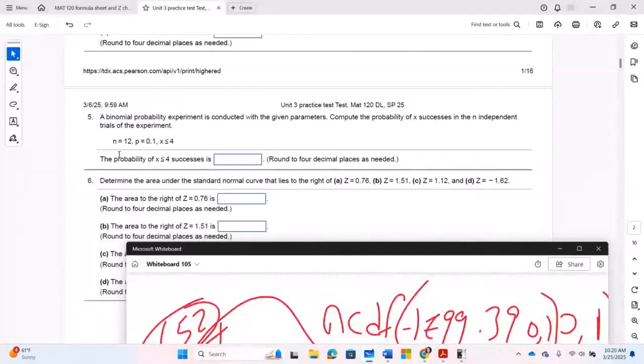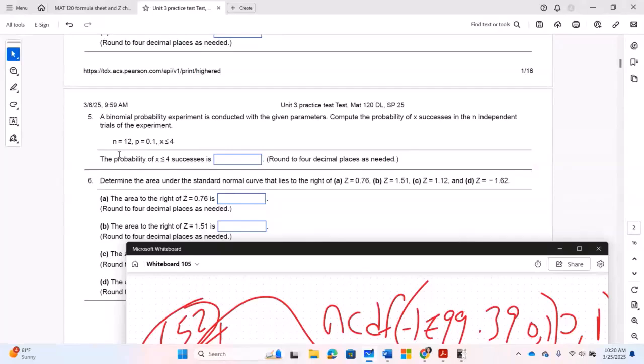This question number 5 says, a binomial probability experiment is conducted. Even if you're not told it's binomial, can you identify this question as a binomial distribution question? If it has all the properties of a binomial distribution, then it is binomial.